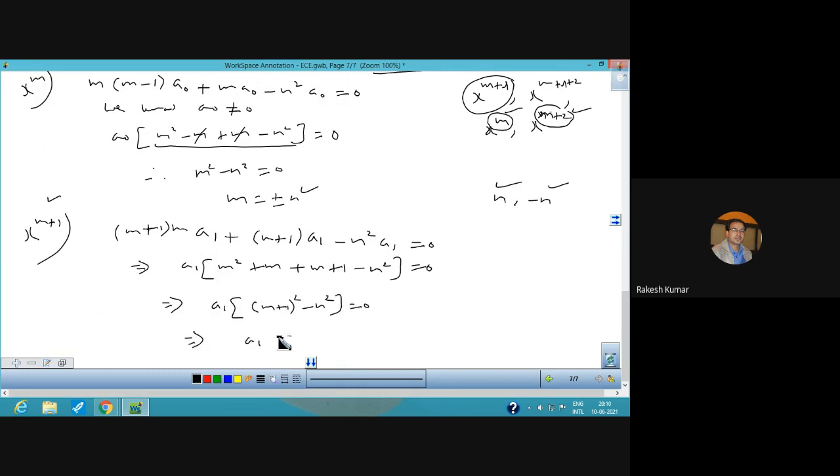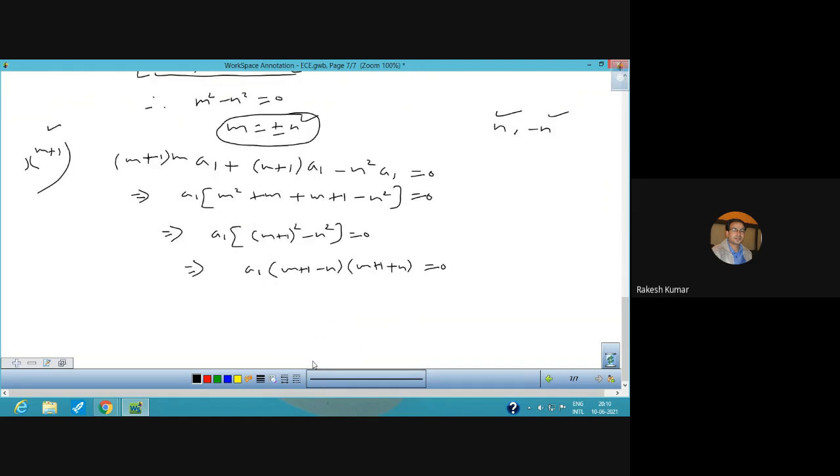So a1 into m plus 1 minus n and m plus 1 plus n. This is a square minus b square formula that has been used. But we know that the values of m from the initial equation are plus minus n. So now as m is equal to n or m is equal to negative n.